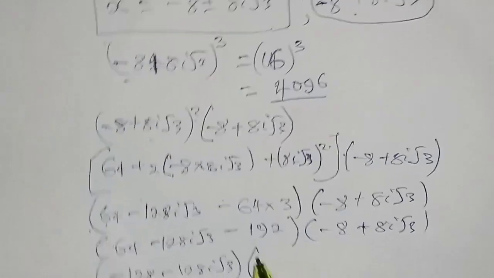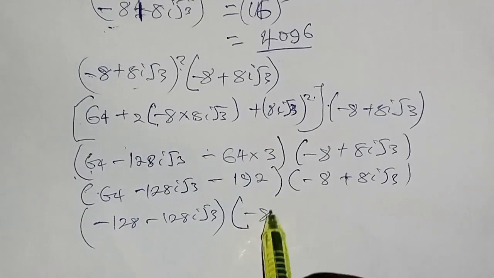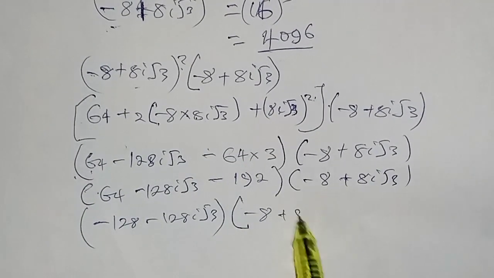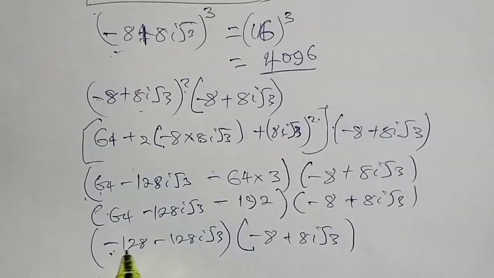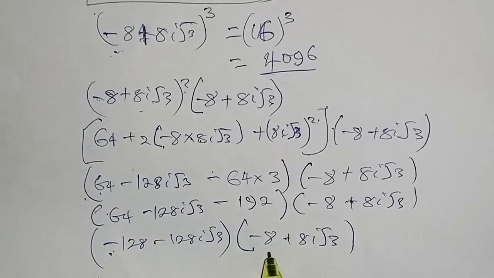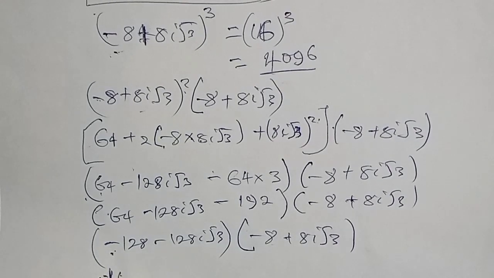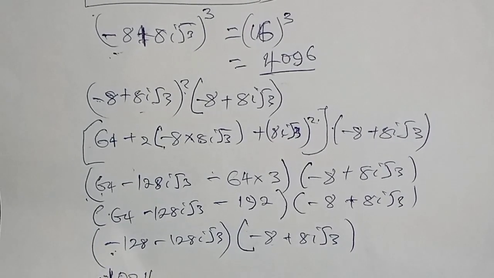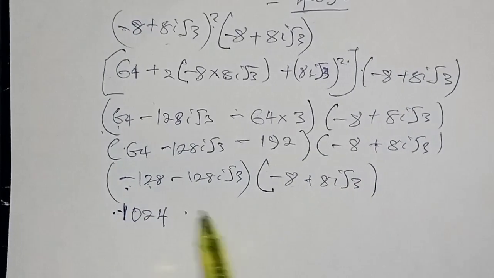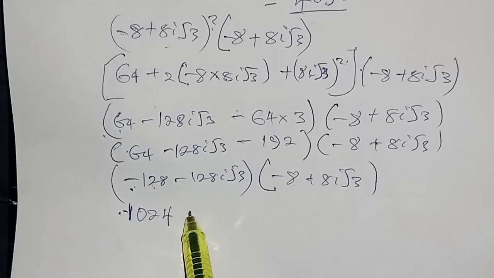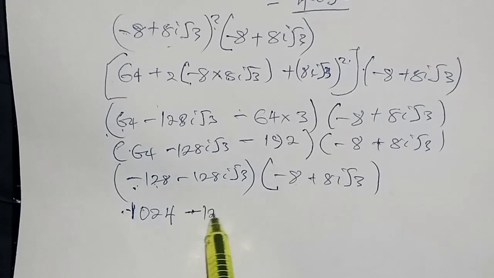So this is also what I'm going to be using to multiply this, that is -8 + 8i√3. -128 here times -8 here will give us positive 1024.